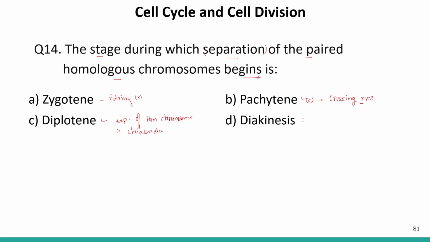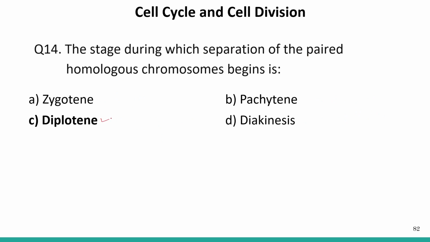During diakinesis, what happens? There is terminalization of chiasmata. So what should be the answer? The answer should be diplotene. Separation of the paired homologous chromosomes begins at diplotene.